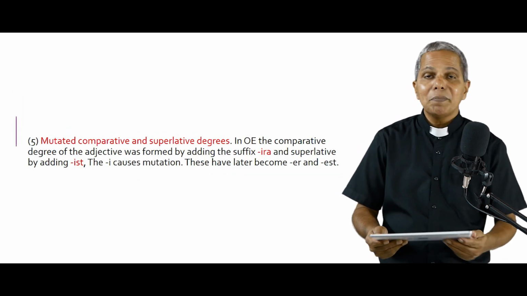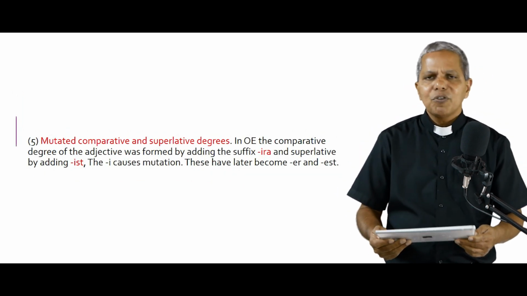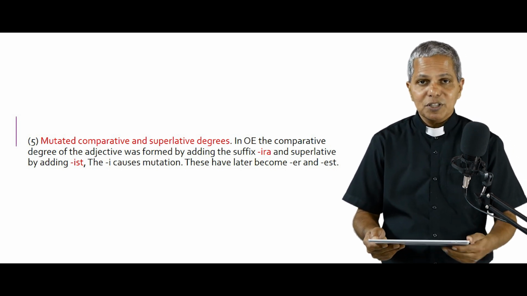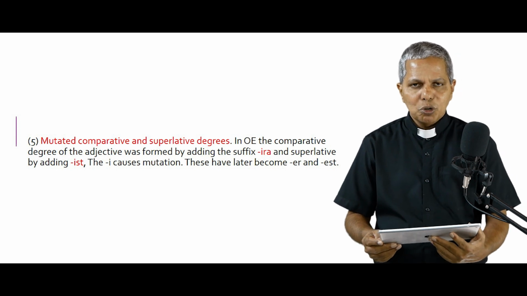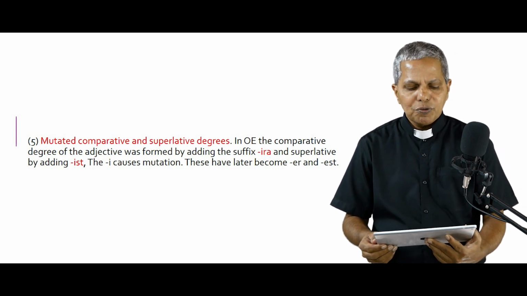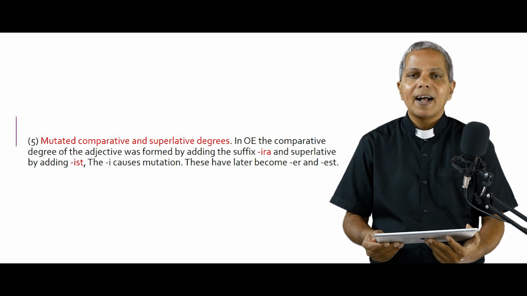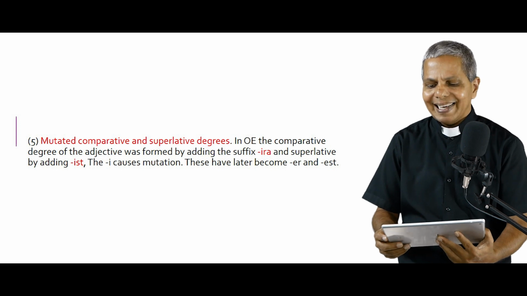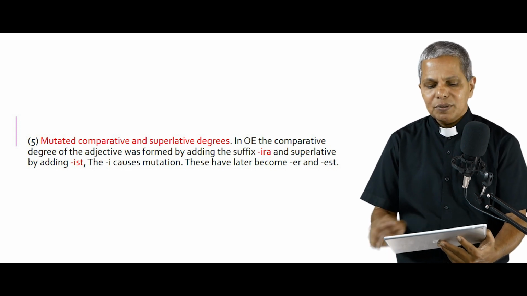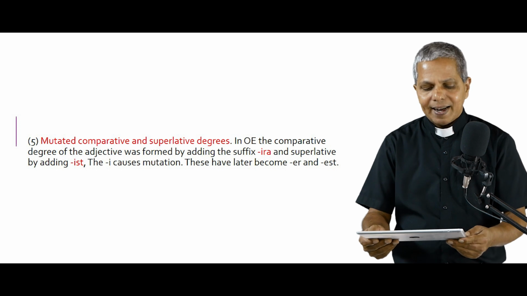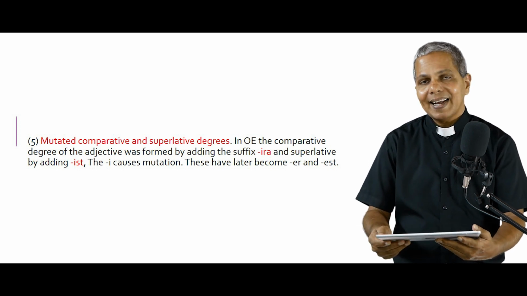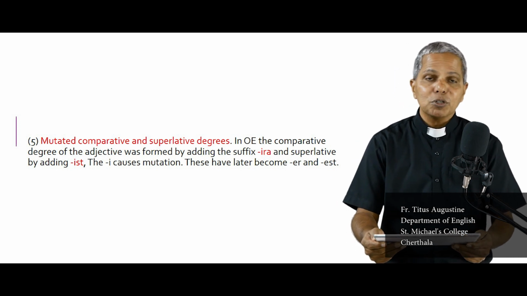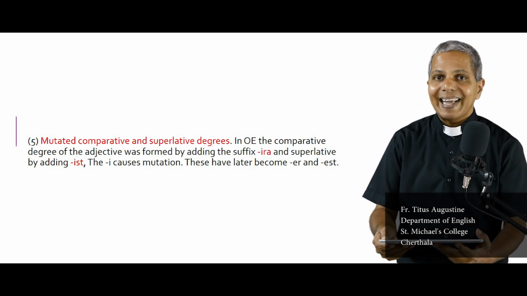Finally, mutated comparative and superlative degrees. We have the expressions elder and eldest, and how do they come about? It is because of this umlaut. In Old English, the term for forming the comparative was ira, that is a suffix, and for forming the superlative, it was by adding ist. So what happens is eald plus ira became ealdira, and it later became elder because of umlaut, and finally we have the word elder in modern English.